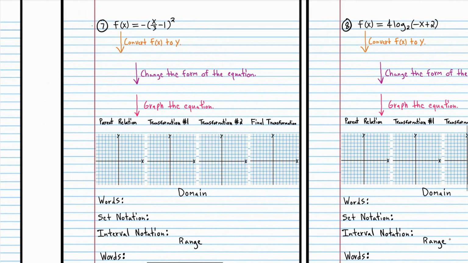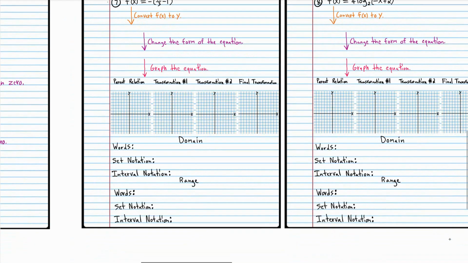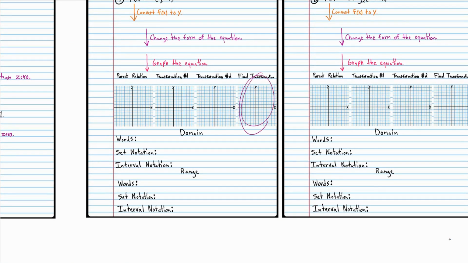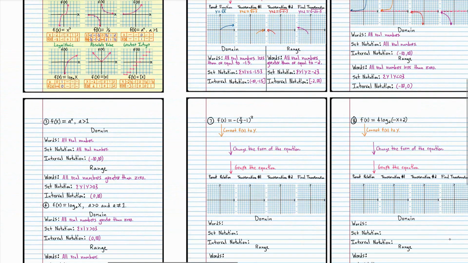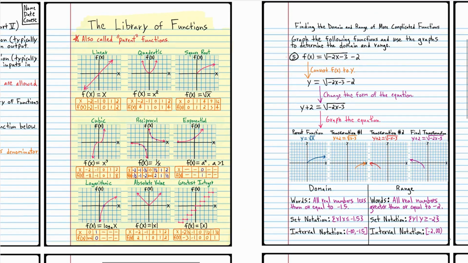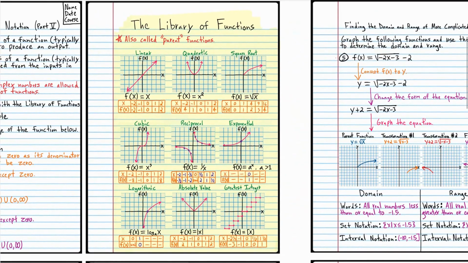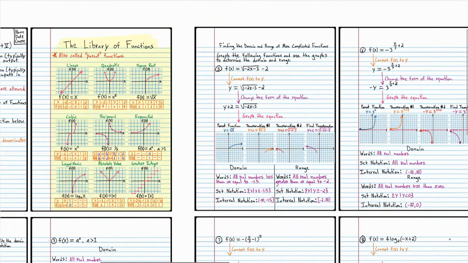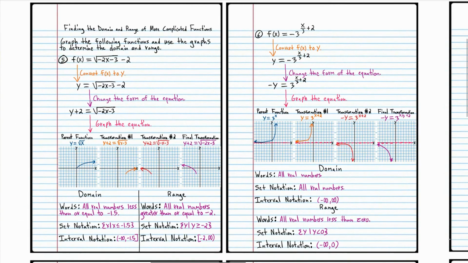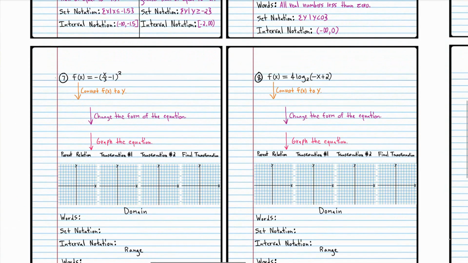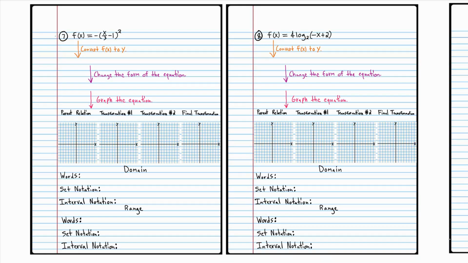And then you want to graph using the transformation method. And once you find your graph, you can find the domain and range using that graph very easily, and write in words, set notation, and interval notation. So again, you may need your library of functions. We used to call it the library of relations. You may need these problems to help you. Try number 7. When you come back, we'll do it together.